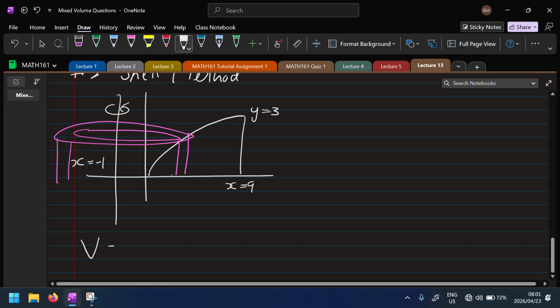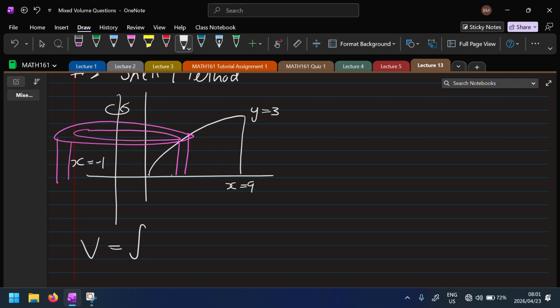So the volume will be equal to the integral. The starting radius of the shell, what will that be? Starting, yeah, sure. But we shift it. So it starts here. But what's the starting radius?